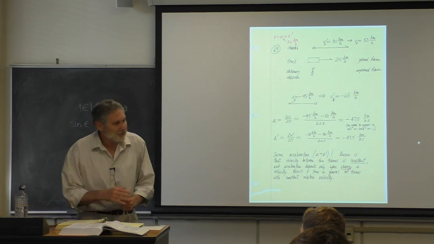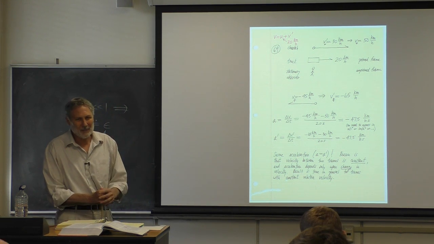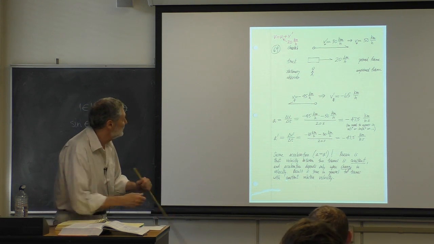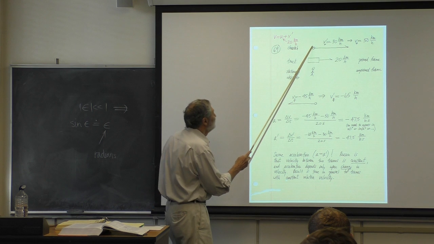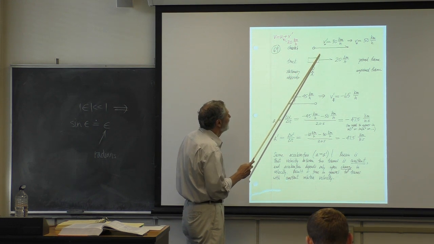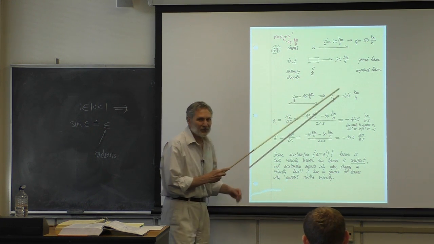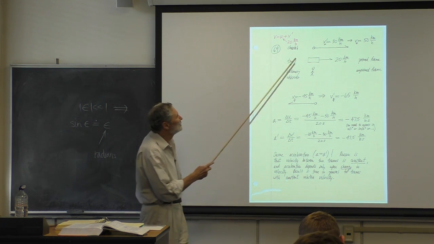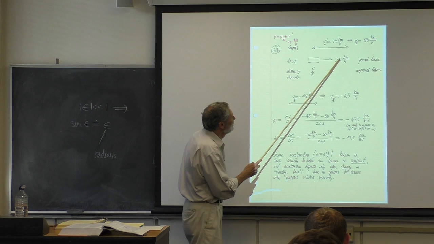Okay, the final problem here looks really confusing. Every time I look at this problem, I get confused. Here's the situation. There's this cheetah moving at a certain speed relative to a truck that's filming the cheetah. This is a nature thing. So this truck's moving along at 20 kilometers per hour.